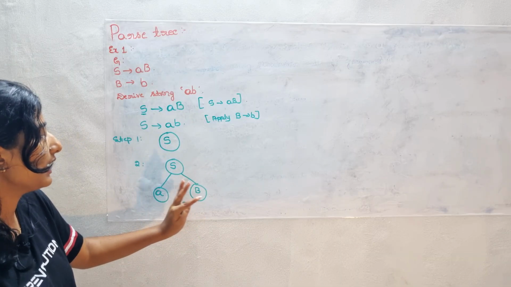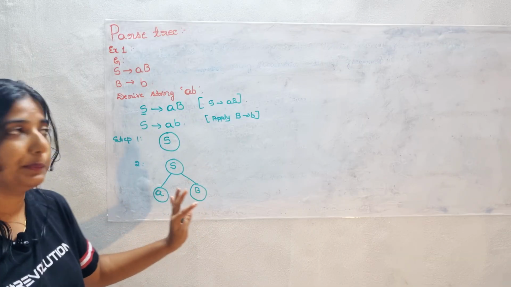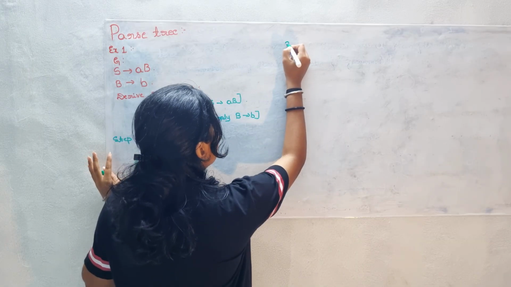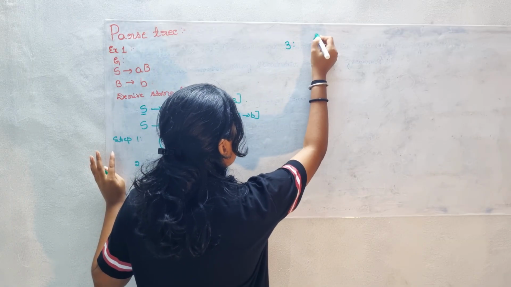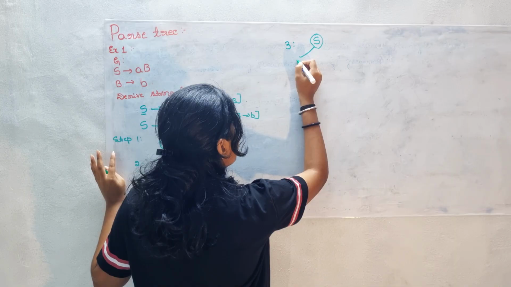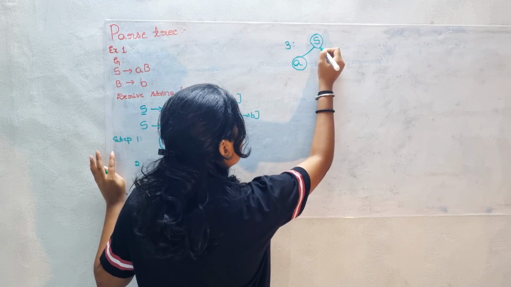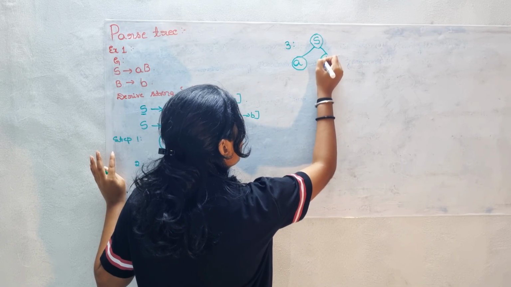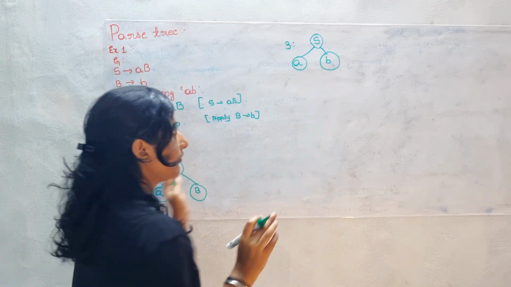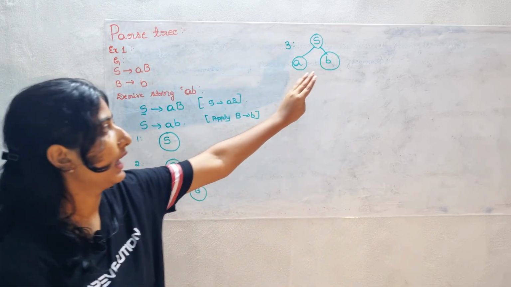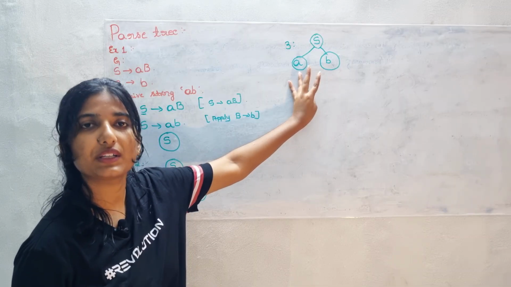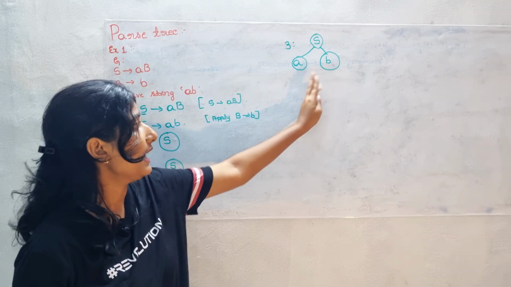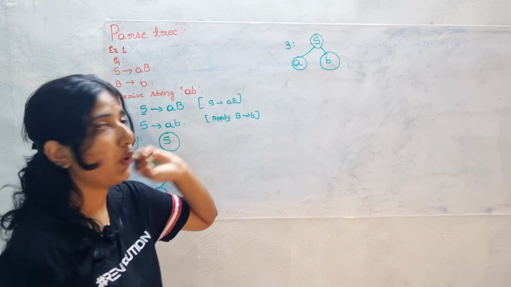Now apply the production rule for capital B. So step 3 is, I am writing a as it is, and here I am applying the production rule on this one. So I got both terminals, which means the leaf nodes are like this, right? I got a, b. So now what I have to do?